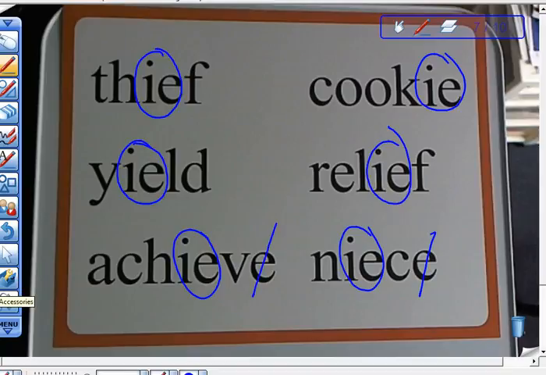Okay, the next one. What's the opposite of all? If I have all of something, what would be the opposite? Put your hands down. I want you to write it.